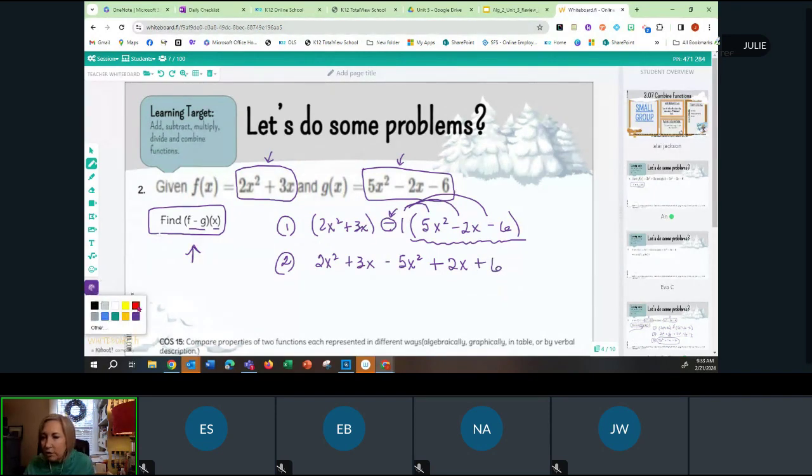So let me take a different color and let me circle these signs. And you tell me what's happened to all three signs. Can you tell me from step 1 to step 2? What's happening to the sign in front of the 5x squared, the 2x, and the negative 6? What's happening from step 1 to step 2?